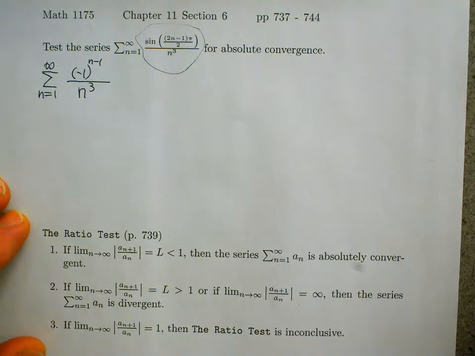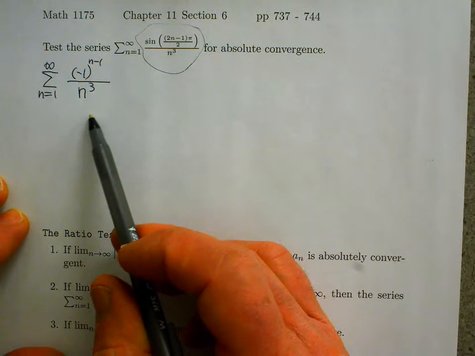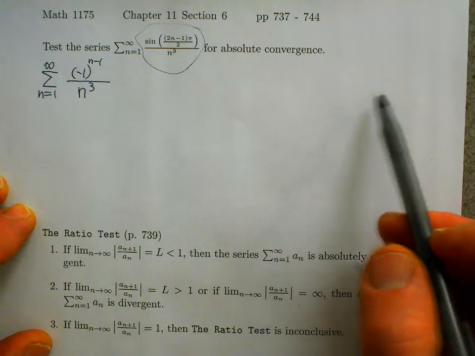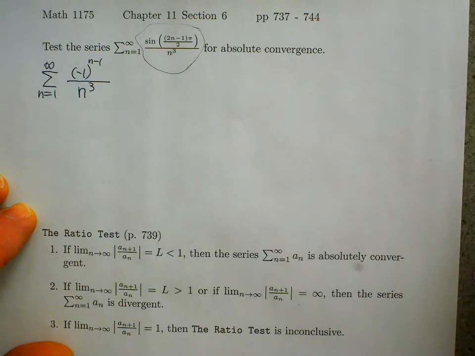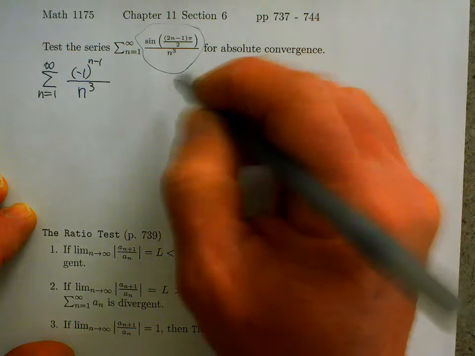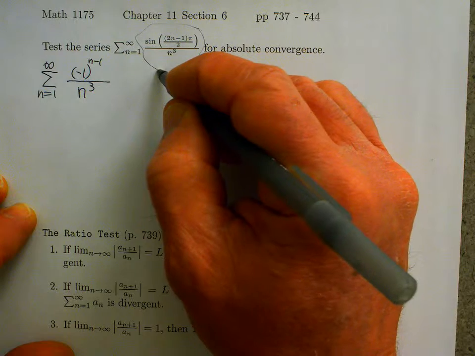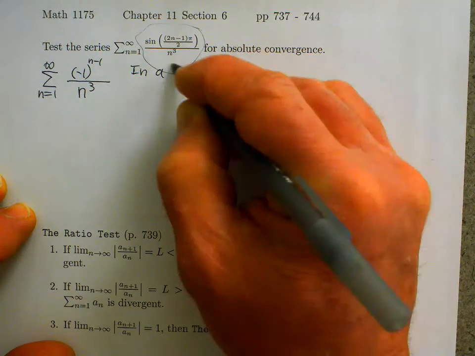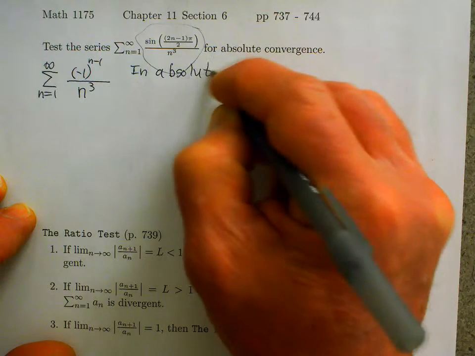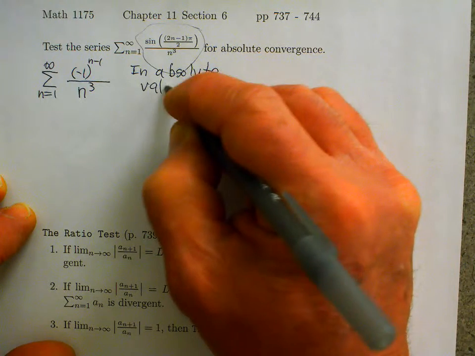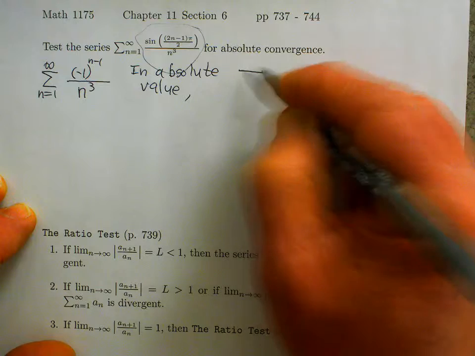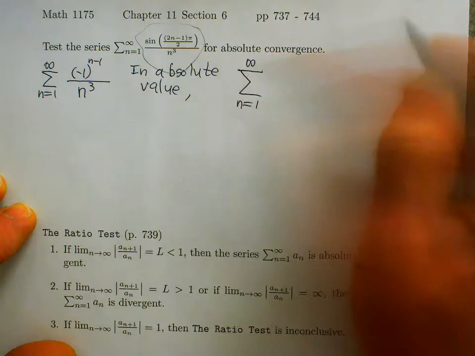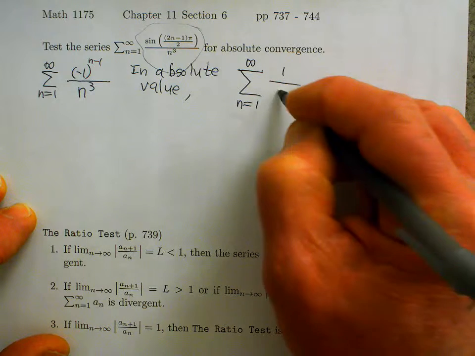Okay, the question is, does this infinite series converge absolutely? Okay, so in absolute value, the term becomes this infinite series where the terms are 1 over n to the third.